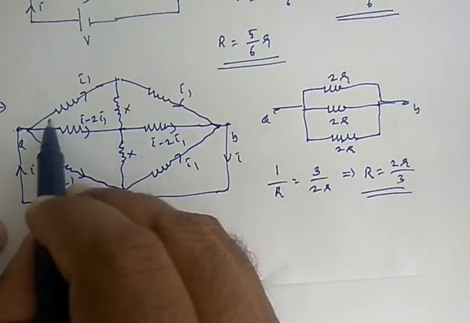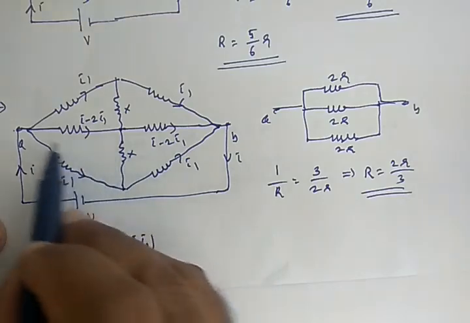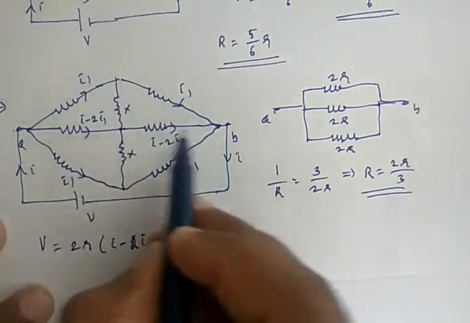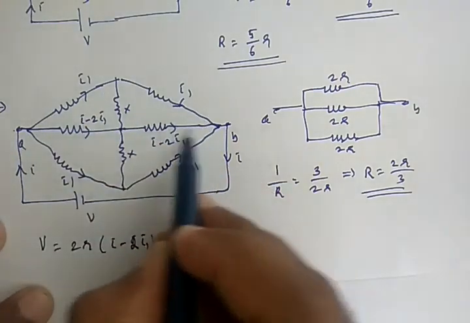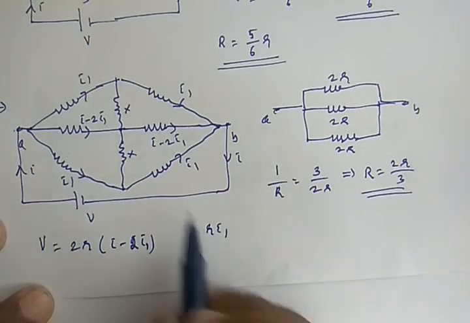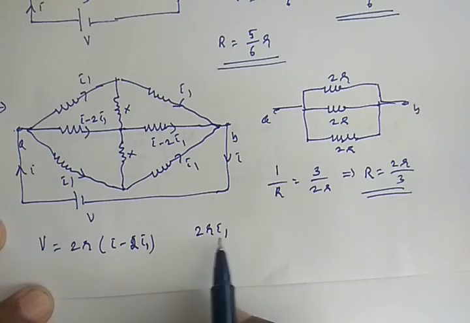You can take a loop here. If you take a loop like this, or you can take a loop like that, then the sum of voltages across all elements in a closed loop is 0. Then voltage across this one is R into I1. Voltage across this one is also R into I1. Let us take 2R into I1.